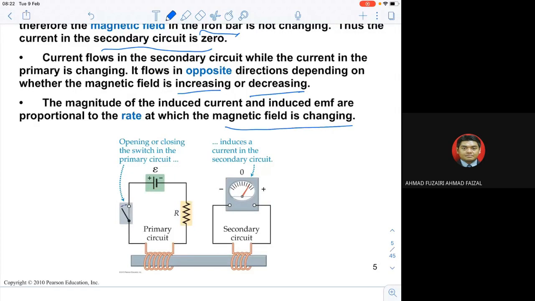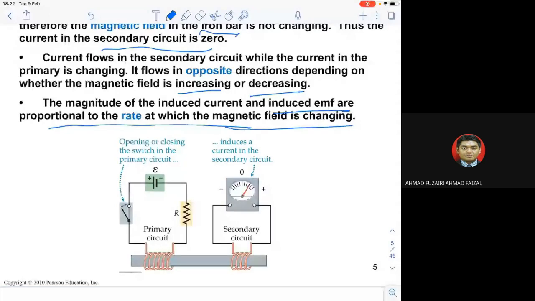So remember, induced EMF is proportional to the rate at which the magnetic field is changing. Opening or closing the switch in the primary circuit induces a current in the secondary circuit. So you must get the idea of what Faraday's law experiment is telling you now.